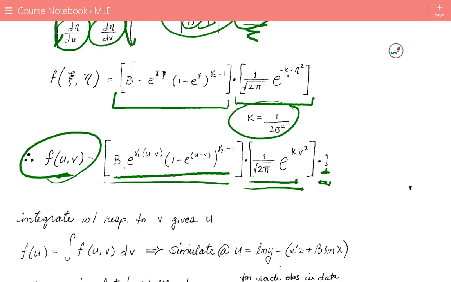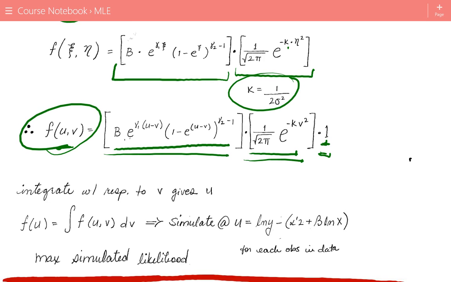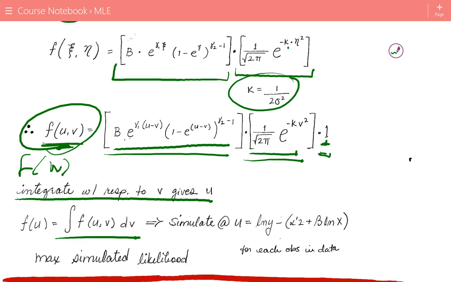And that's going to give me the joint distribution between u and v. Well, this sets me up nicely because I want the distribution of f of u. Now, if I've got f of u, v, I need to simply integrate out v. If I take this joint density and integrate out v, I get f of u. And this is the one that I want to do my likelihood based on.